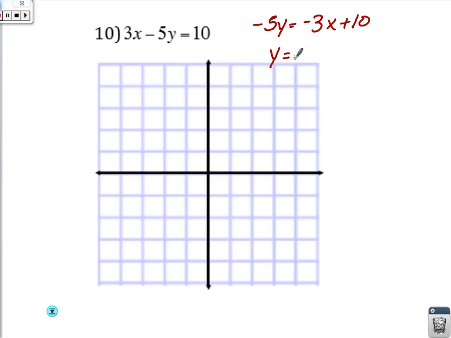Negative 3 divided by negative 5 is a decimal. Leave it as 3 over 5. Well, what's a negative divided by a negative? Positive. Dump the negative. And then divide this also by negative 5 and get negative 2. So that's all you're graphing. Minus 2. Rise 3, run 5. Or go down 3 and left.